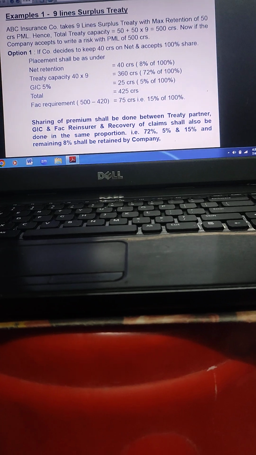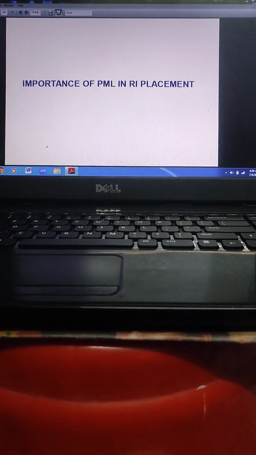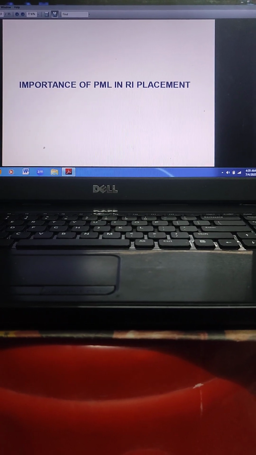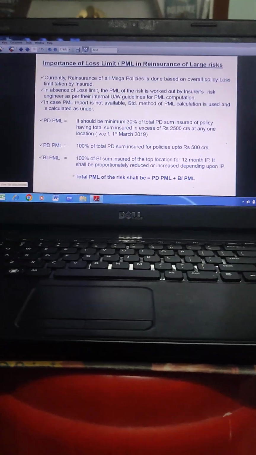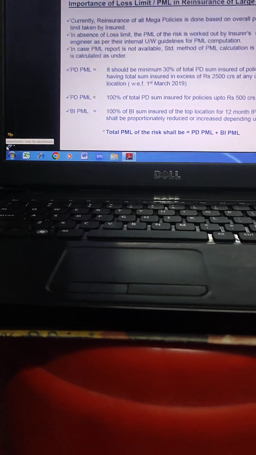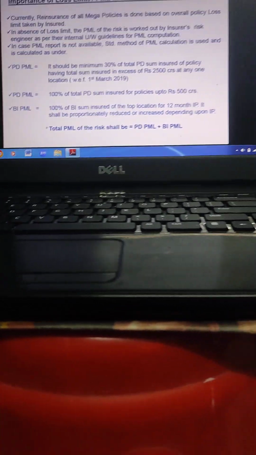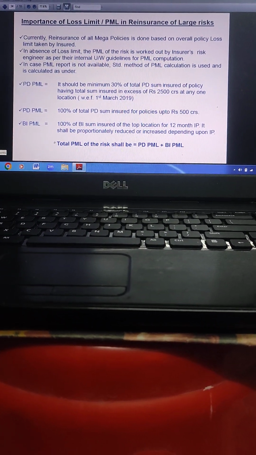So there could be certain working examples showing the calculation, and then the importance of PML in RI placement, because the importance of loss limit or PML in reinsurance of large risks is a very significant aspect.